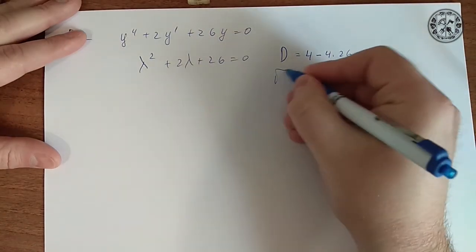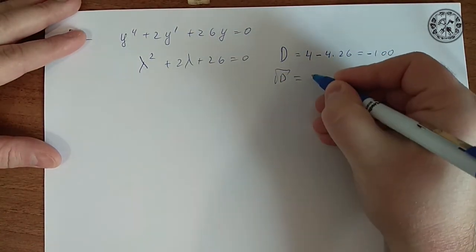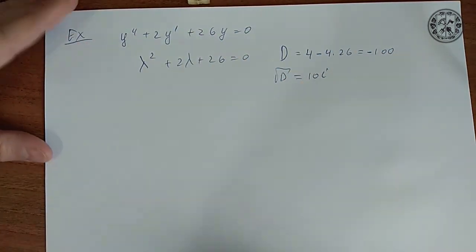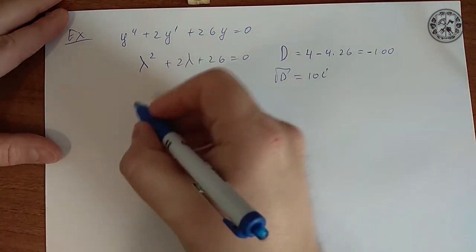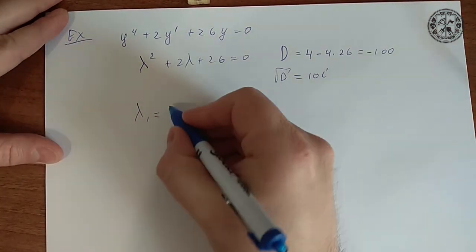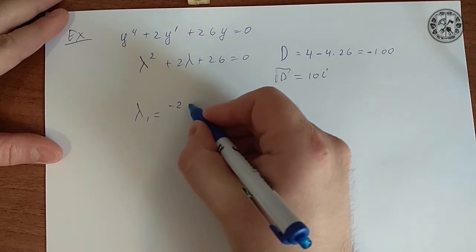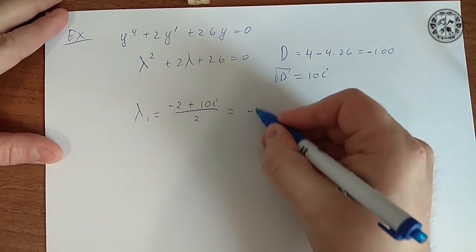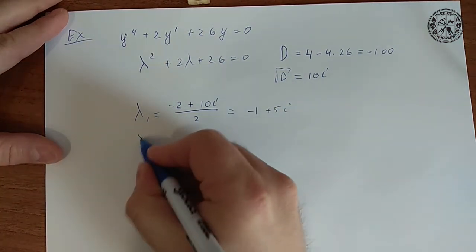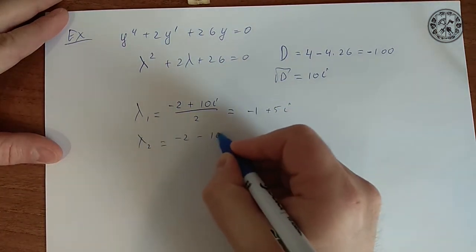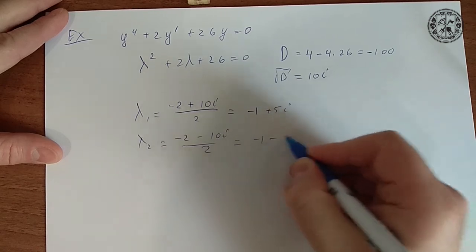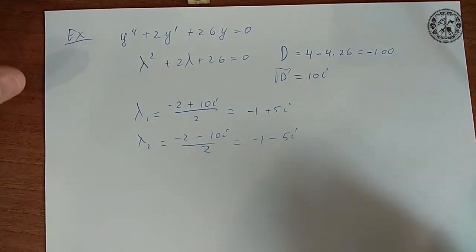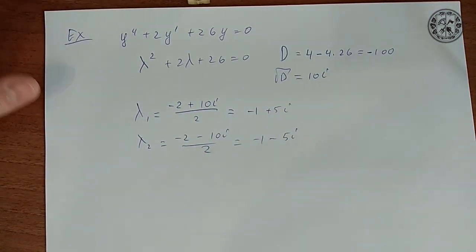So square root of the D will be 10i. So lambda 1 will be minus 2 plus 10i over 2, which will be minus 1 plus 5i. Lambda 2 will be minus 2 minus 10i over 2, which will be minus 1 minus 5i. So we have two complex conjugated solutions.